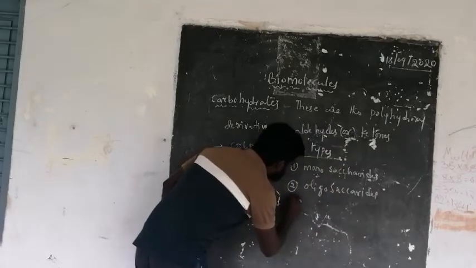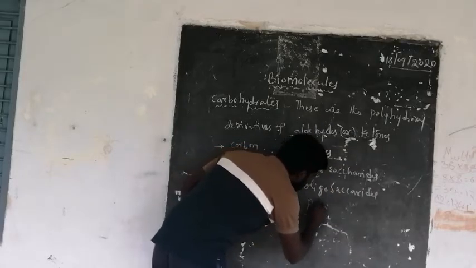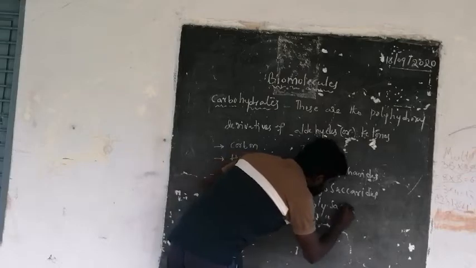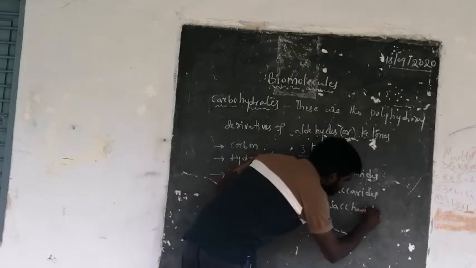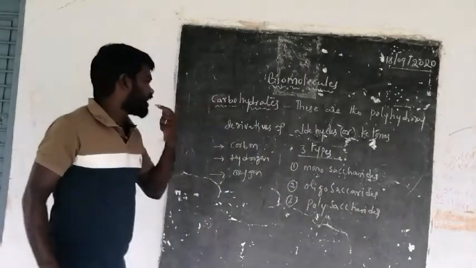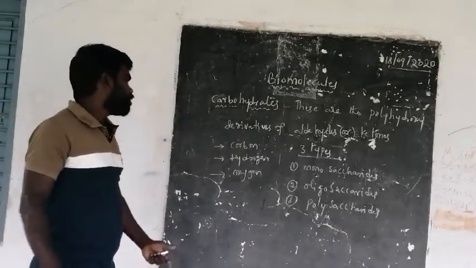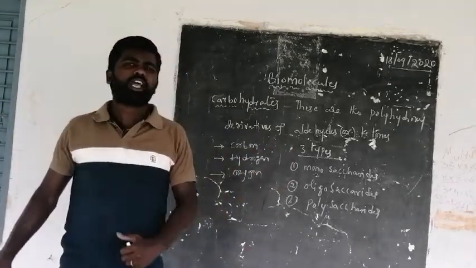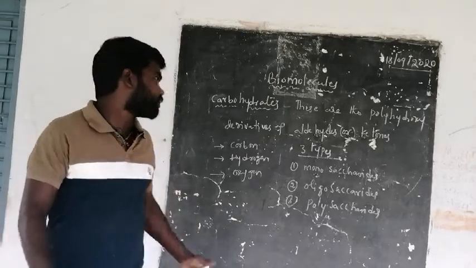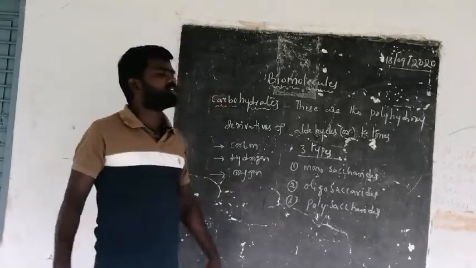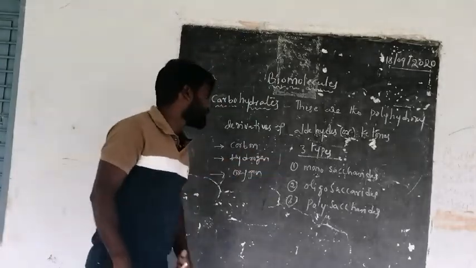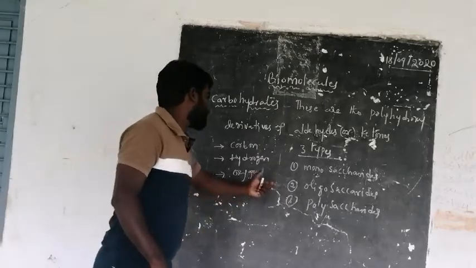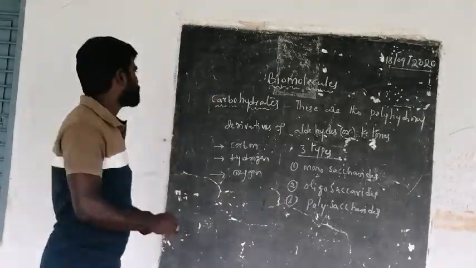And number three, polysaccharides. Monosaccharides, oligosaccharides, and polysaccharides are the types of carbohydrates. Now let us see what monosaccharides, oligosaccharides, and polysaccharides are.